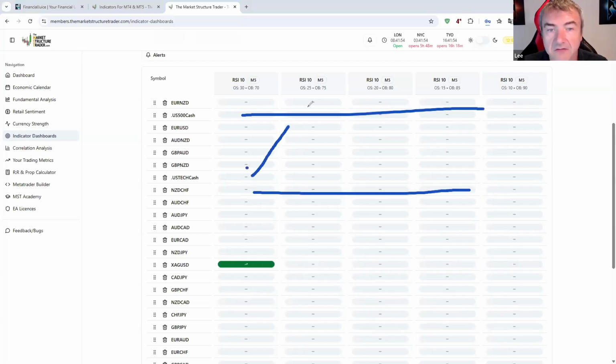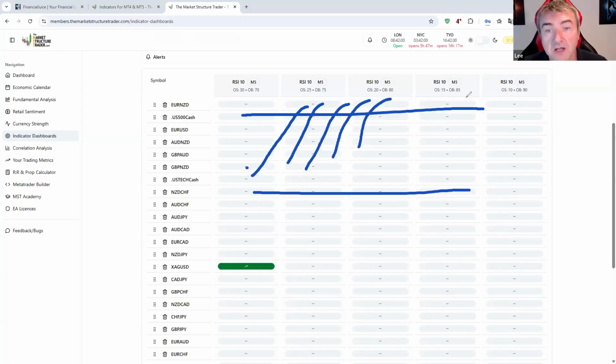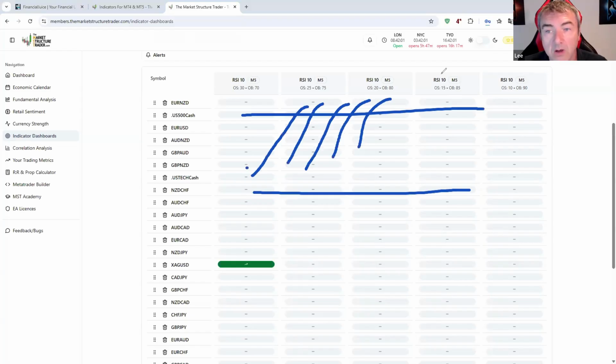If the 5-minute is over there, the 15 is over there, etc. If they're all over, then it's been pushing really hard in one direction. But with this one, it's looking at one time frame. So if the 5 has pushed above the 70, the 75, the 80, the 85, the 90, it's been going very strong in one direction.